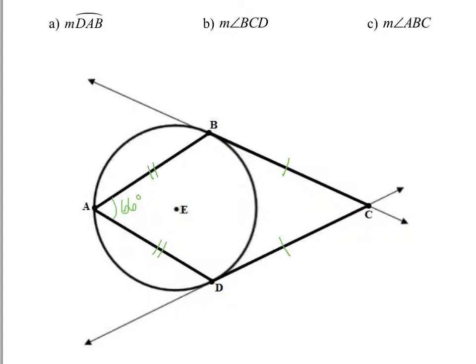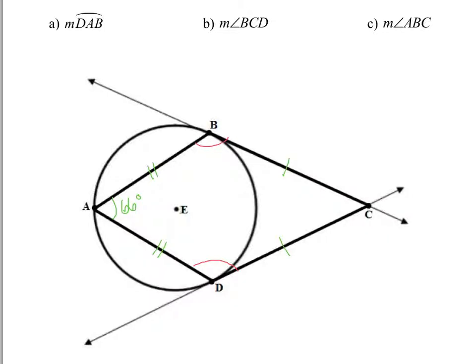We also know that this angle is going to be congruent to this angle because there's one set of congruent angles in a kite, and they are the opposite pair of angles formed by the two non-adjacently congruent sides, if that makes sense.